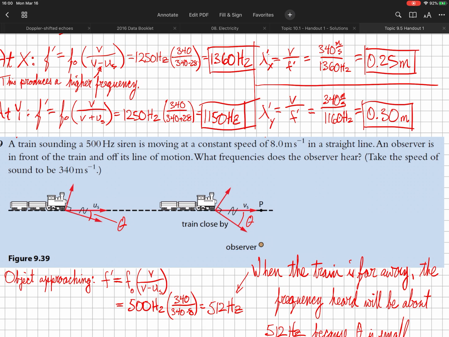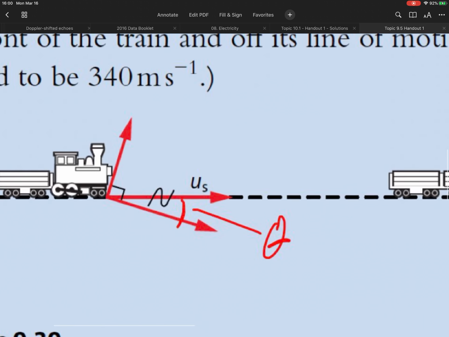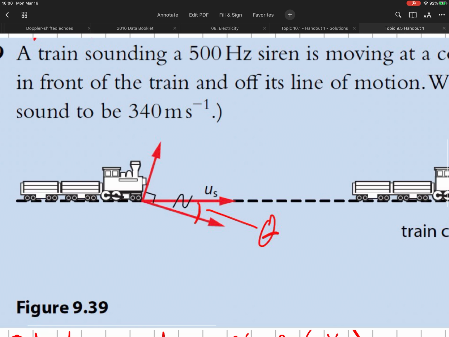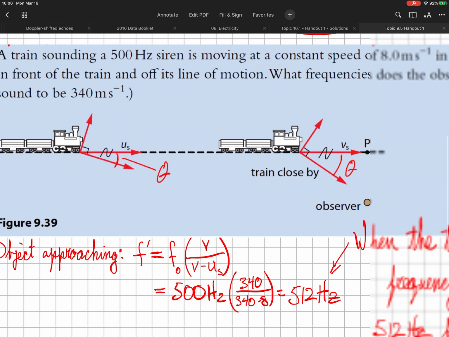And you will note that its frequency is higher as it's approaching, and it's lower as it's going away. The interesting thing here is that this angle is very small most of the time that the vehicle or train is approaching you, okay? It's only not very small for a very, very short window of time.